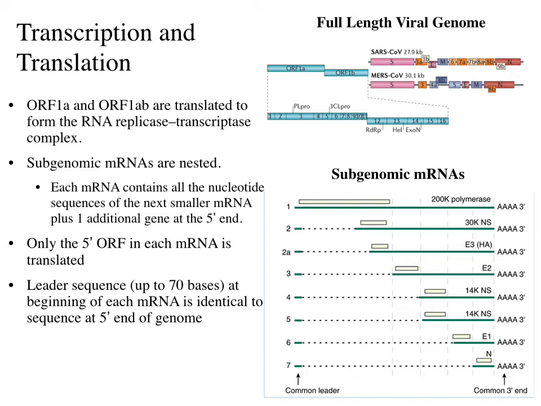So if you look at the figure at the top, the full-length genome, you can see that the N protein, the nucleocapsid protein, is the one that's at the 3' end of the genome. So that is the one that's needed in the highest concentrations, and we find that those subgenomic messengers are produced in the highest number.